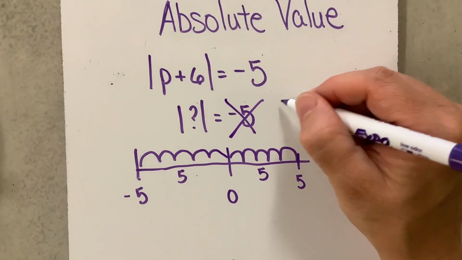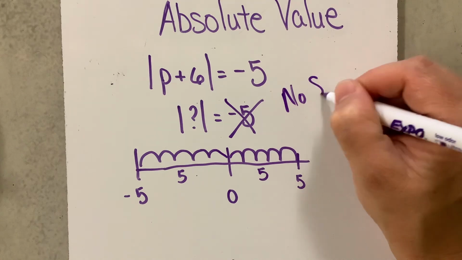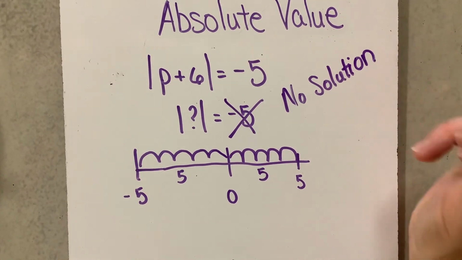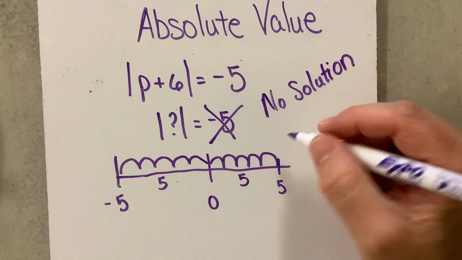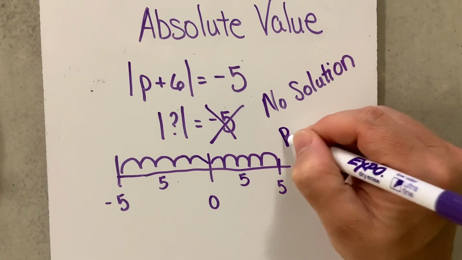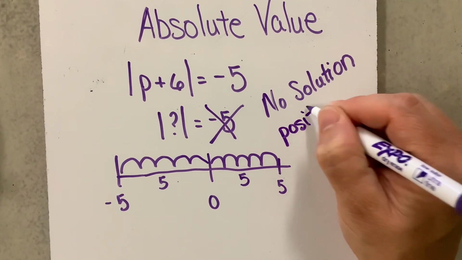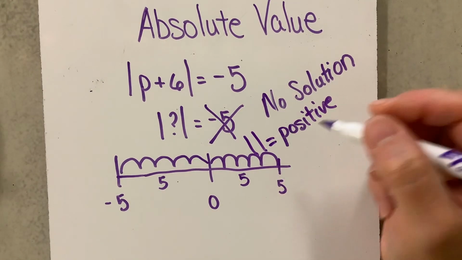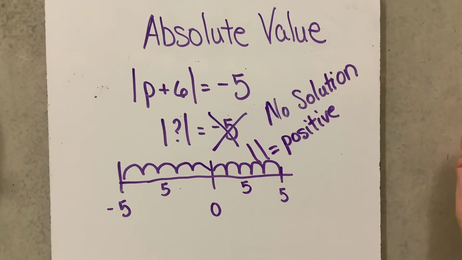Okay, so there is no solution, because all absolute values must be positive. So absolute value must always be positive. Okay, so that's a tricky one that sometimes can happen.